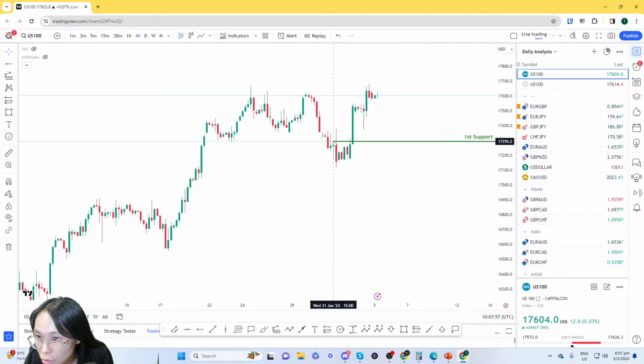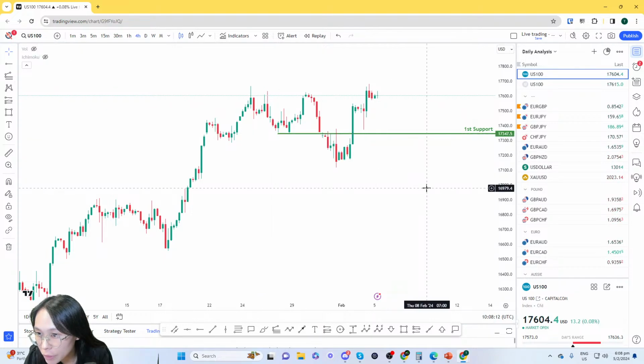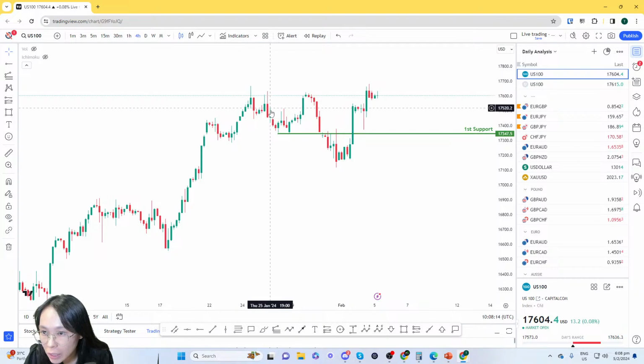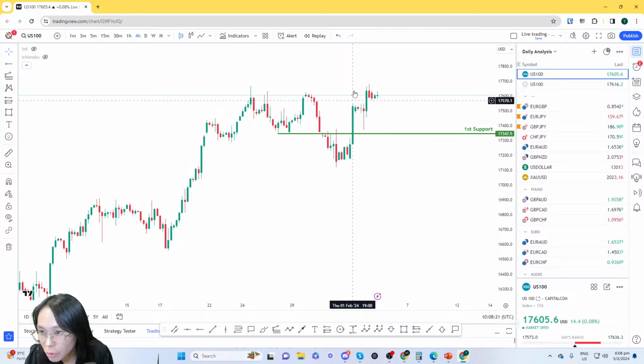It's a bit difficult to find a good one, so it's lacking a good support level. Okay, we use this one. I'll be using this as my first support, the overlap. You can see that the price has bounced off this level. It broke through and then faced some rejection and broke off again.